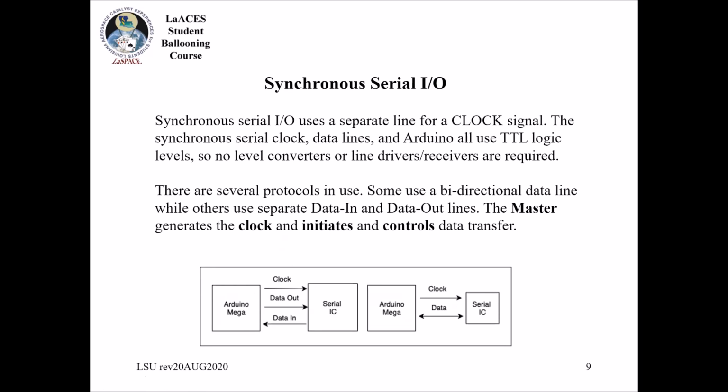But this is also true with just a regular UART that you might be using, that generates its own baud. Whenever I see data out and data in, and I look at these arrows, this is with respect to the Arduino Mega, but it is not with respect to the serial IC.